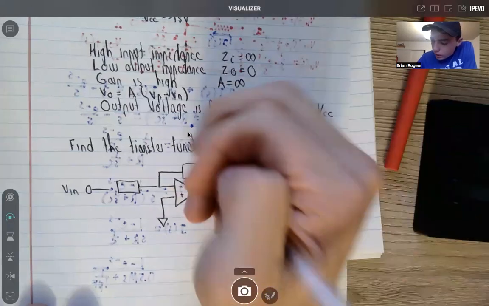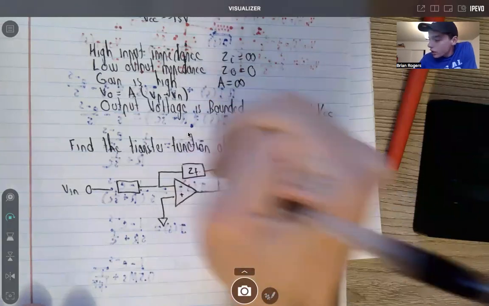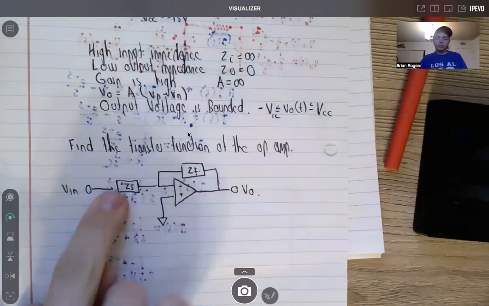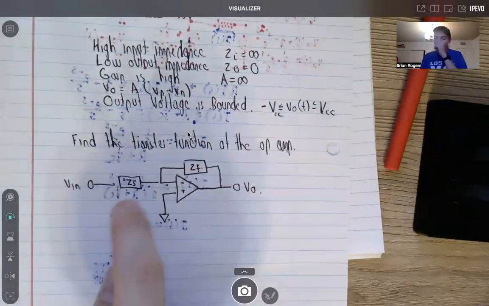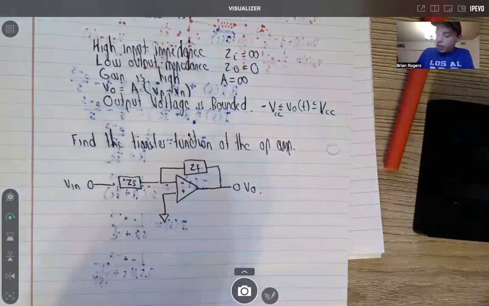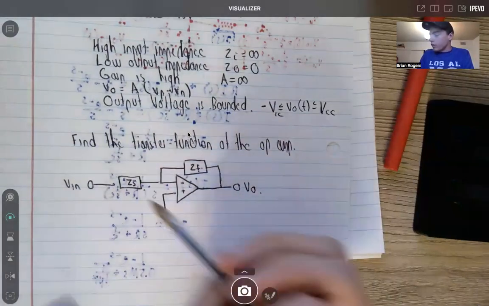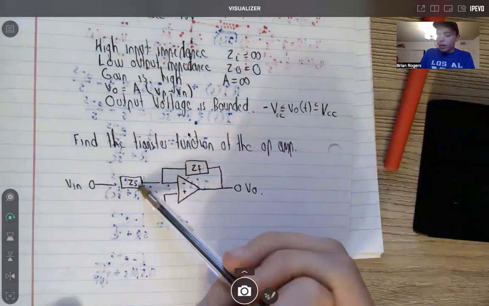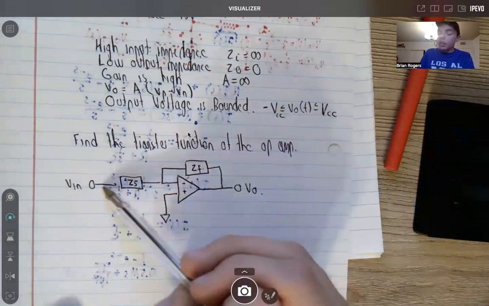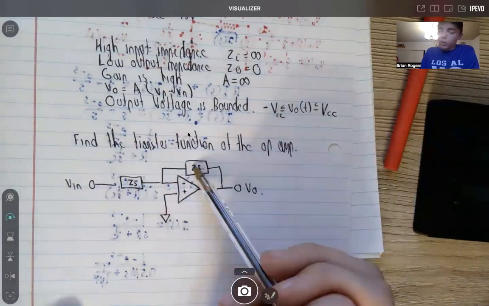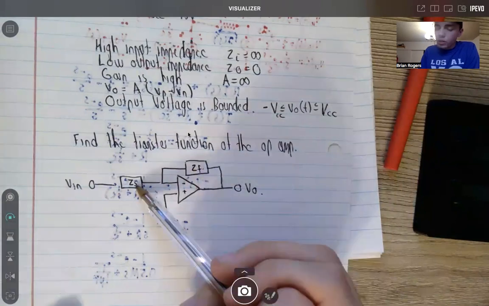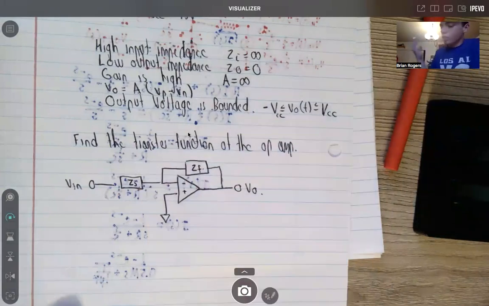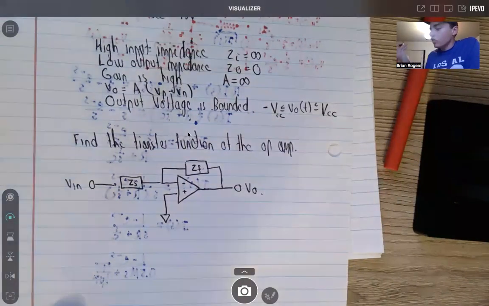So this is the feedback impedance, Z of F. The other one, in our other class, was the R of S, but this is with impedance, so we'll just call it Z of S. It's the other impedance, usually with subscript S, but it doesn't matter.